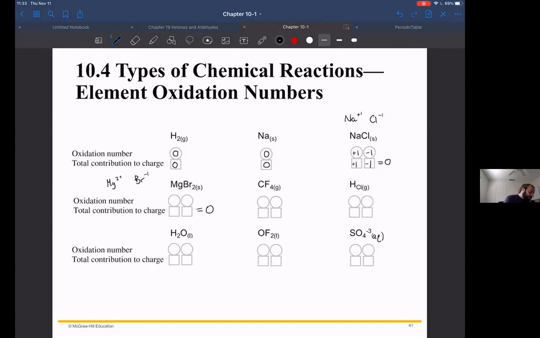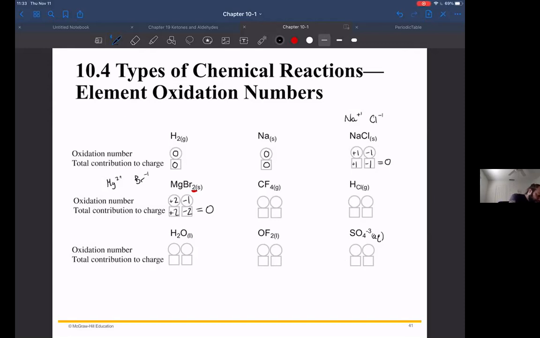Because they are monatomic ions, their oxidation number is simply going to be their charge. So +2 for magnesium and -1 for bromine. So this is where I'm going to account for the fact that I have 2 bromines. So its overall contribution to the charge is -2, whereas the magnesium I only have 1 of, so it's +2. And indeed, those do sum to 0.